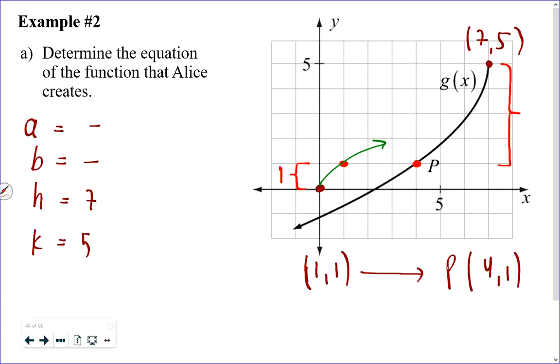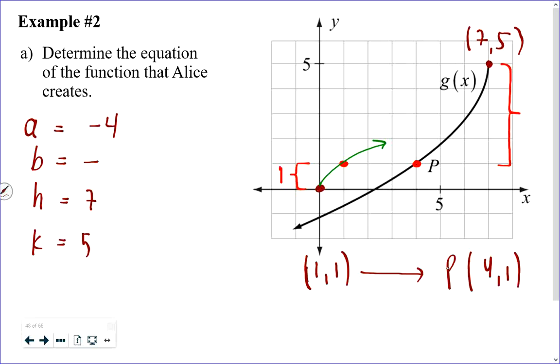And it's not 1. It's bigger. It happens to be 4 times greater, which means in Alice's mind, things have been stretched vertically by a factor of 4. And she's right. They have been stretched vertically by a factor of 4, which means that a must be negative 4 when we combine that idea with the idea of a vertical reflection.